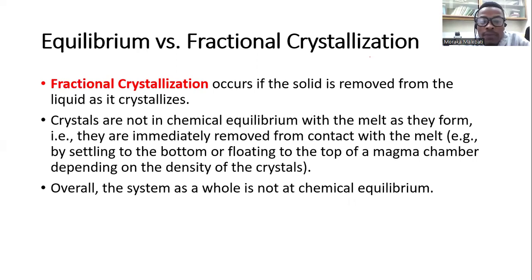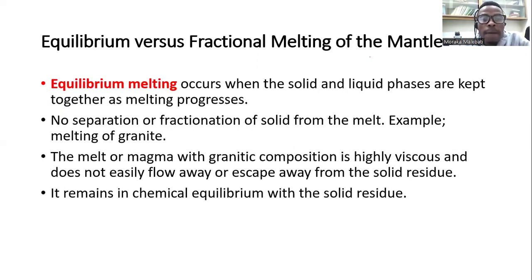So fractional means crystals are not in chemical equilibrium with the melt as they form. They are immediately removed from contact with the melt, settling at the bottom if they are more dense, but they can float if they are less dense than the magma itself. I hope it makes sense.